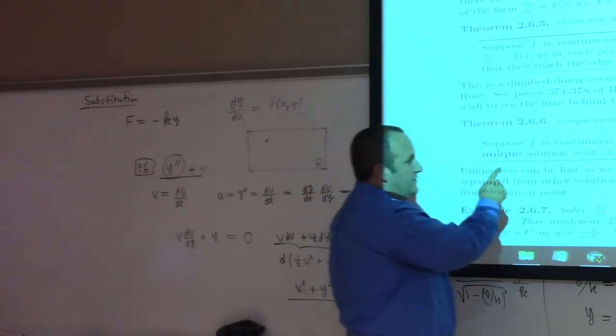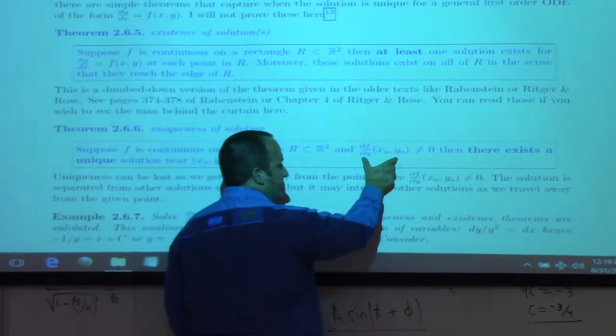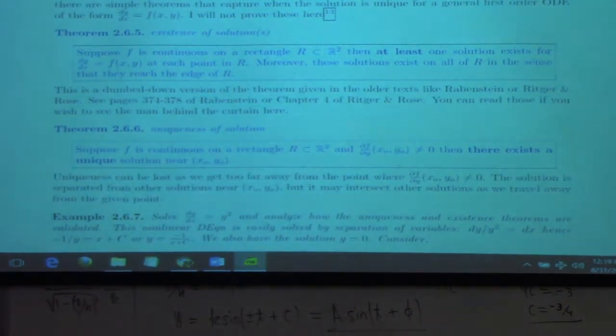Now, the next theorem concerns uniqueness. Suppose f is continuous on the rectangle, and we have the condition that partial f partial y at a point is non-zero. That condition is sufficient to give you a unique solution. If I don't have that condition, I could have one solution here, another solution there, and I might even have another one. I could have a bunch of solutions going through that one point.